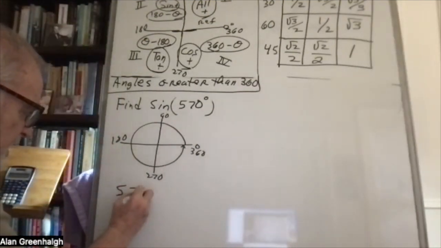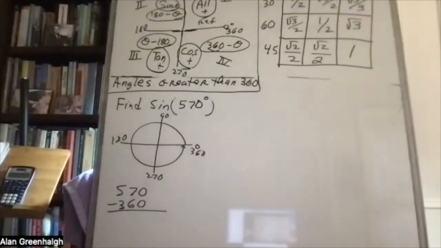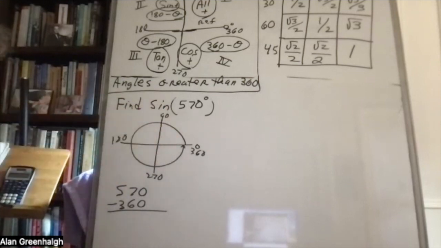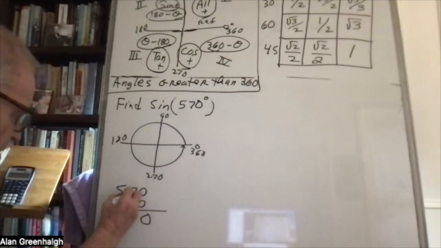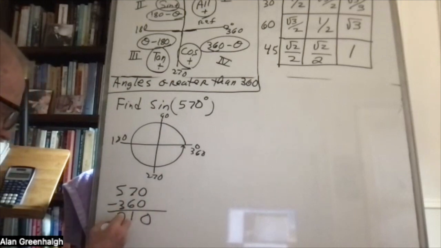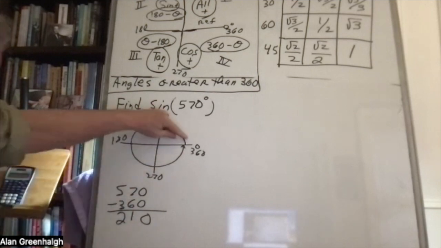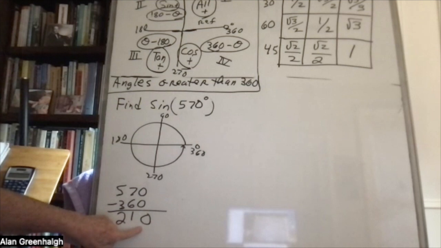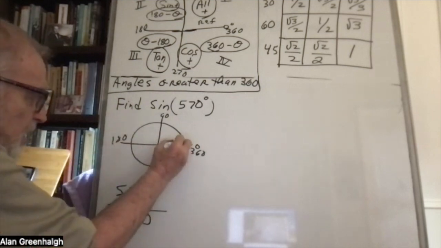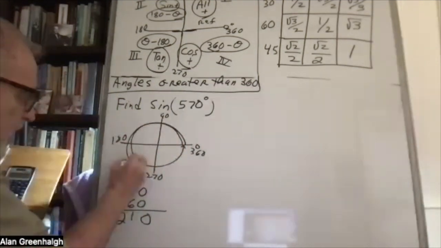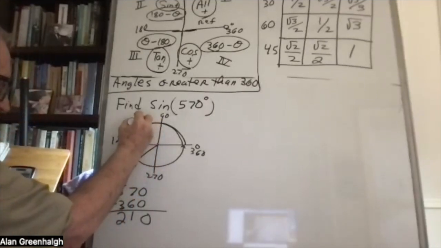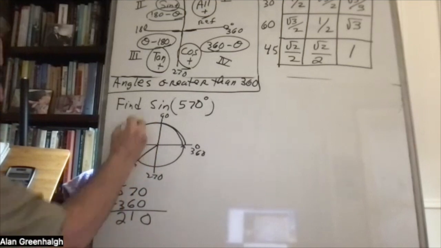So 570 minus 360. Okay, so we went around to 360, we subtract that part of it, and we still have 210 degrees left. So that's going to be right about over here. This is the angle of 570 degrees.